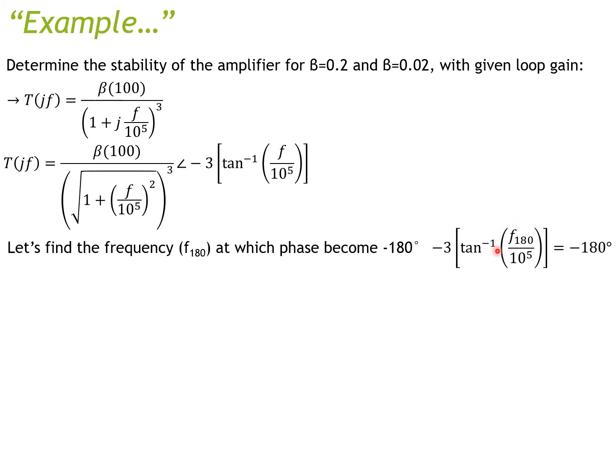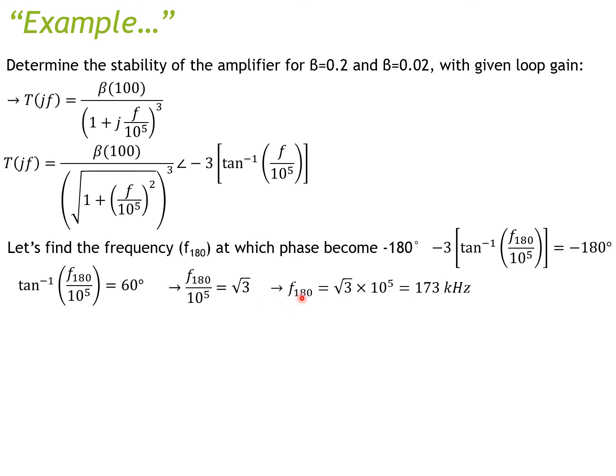Can you guys help me find out what f subscript 180 is? You divide both sides by negative 3, and you have 60 degrees here. You know that the tangent of 60 degrees is the square root of 3, so f subscript 180 over 10 to the 5th will be the square root of 3.